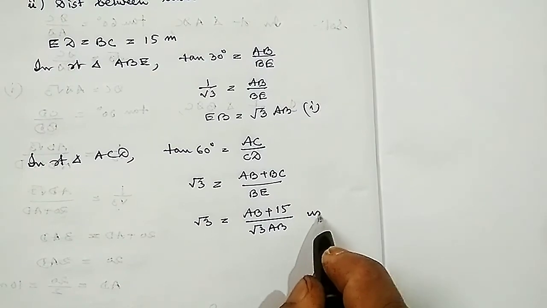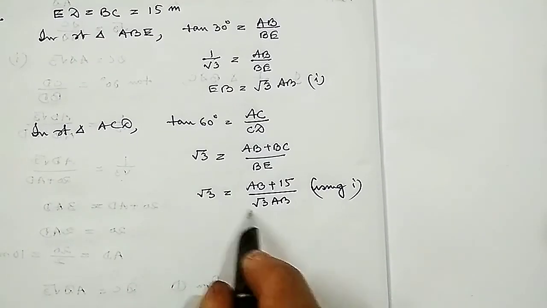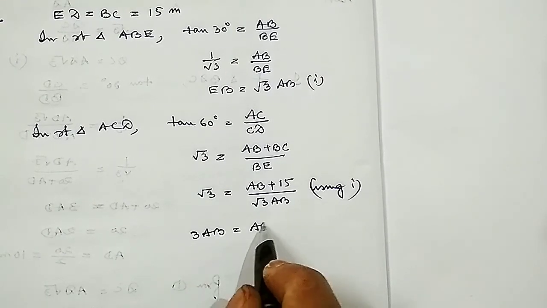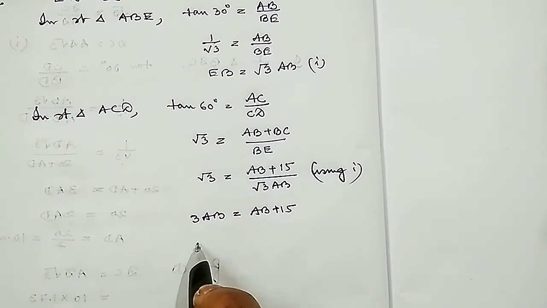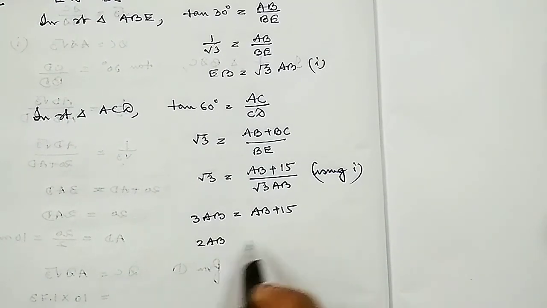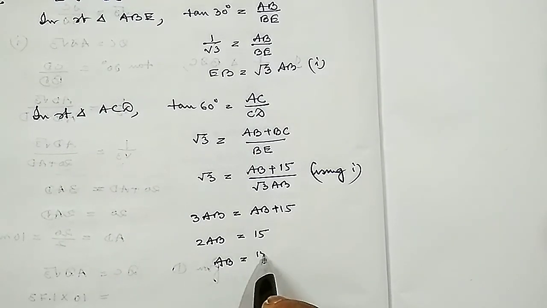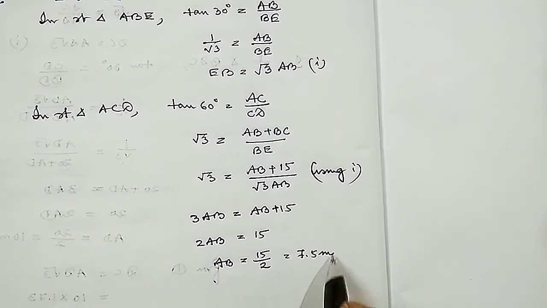You can write it using 1. Okay, if I cross multiply, it will be √3 into √3, 3AB equals AB plus 15. This AB, if I transfer to the other side, it will be twice AB equals 15. So AB equals 15 by 2. That will be 7.5 meters.